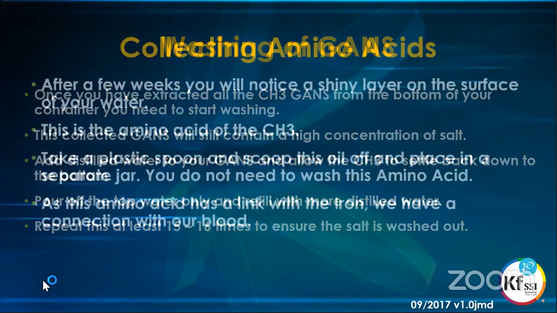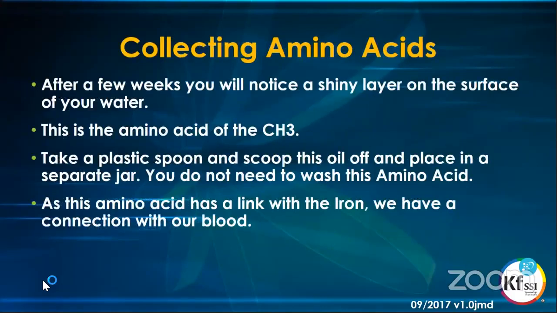And also, with every GANS that we make, we want to collect the amino acids that form on the surface. So after a few weeks, you'll notice a shiny layer or surface on the top of your box on the water. And this is your amino acid. That's the oily amino acid of the CH3.